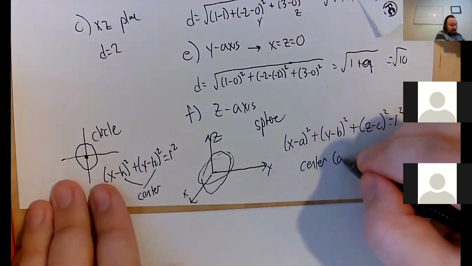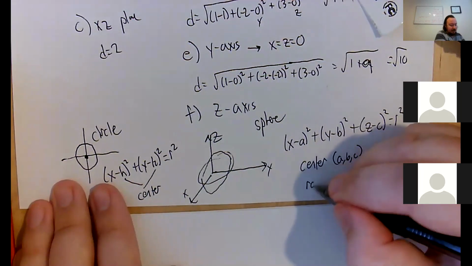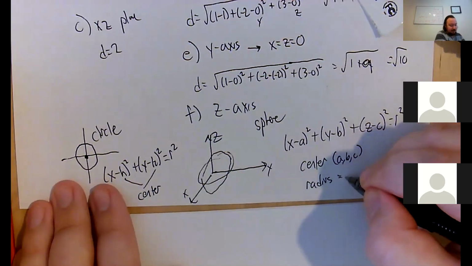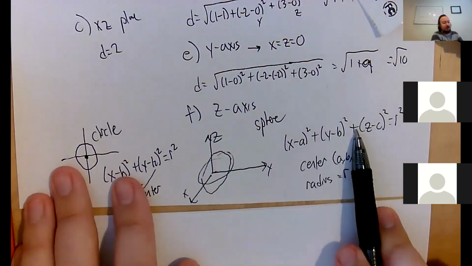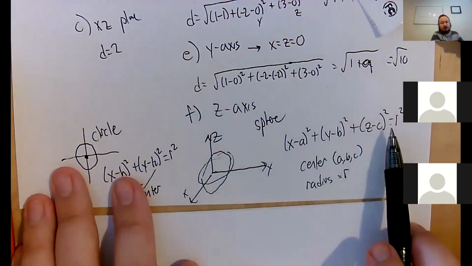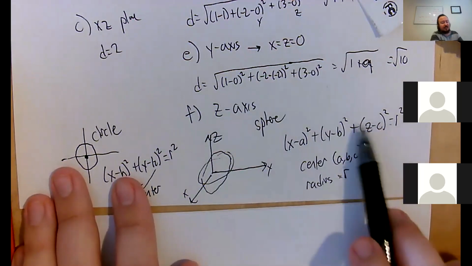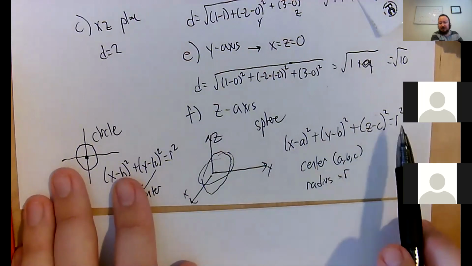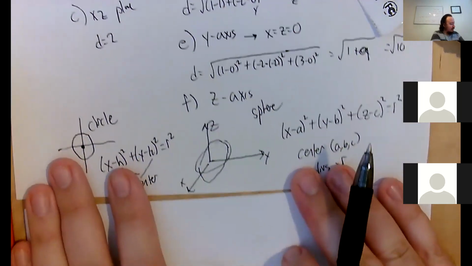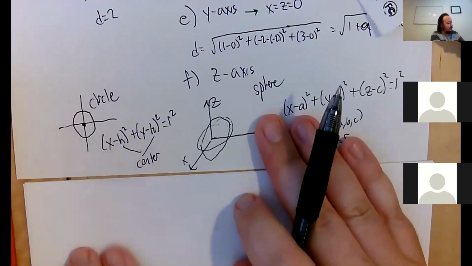And we have a center of (a, b, c) and a radius of r. You'll notice that this looks similar to the distance formula. The way to get from here to the distance formula is simply to take the square root. That's saying that we want all of these points to be a distance r away from (a, b, c). So that's the general formula for a sphere.